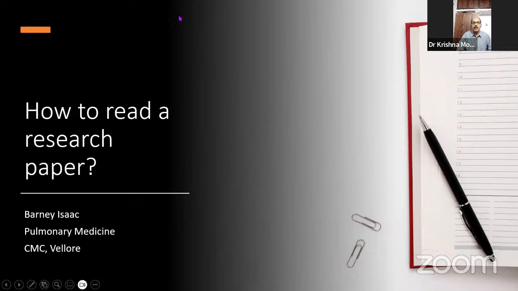Being a pulmonologist, his field of interest includes interstitial lung disease, diseases of neuromuscular junction, sleep disorders, and also evidence-based medicine and research methodology. He has a lot of publications in his name in indexed journals, and at present he is the principal investigator for more than 7 research projects in CMC Vellore.